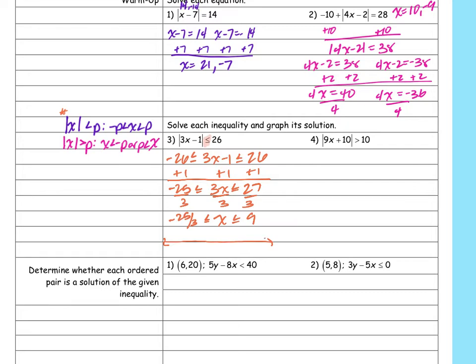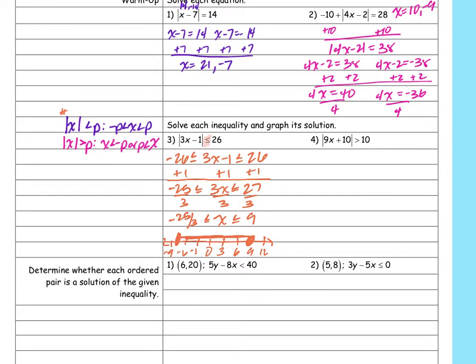So if I count by 3s, 12, 9, 6, 3, 0, negative 3, negative 6, negative 9. So I've got a closed dot on 9 and a closed dot on negative 8 and 1/3. So it's just a little over halfway. And it's greater than that and less than 9, so it's in between.